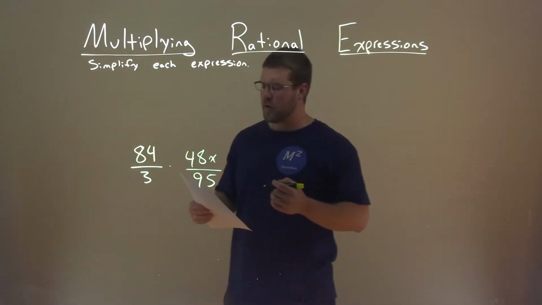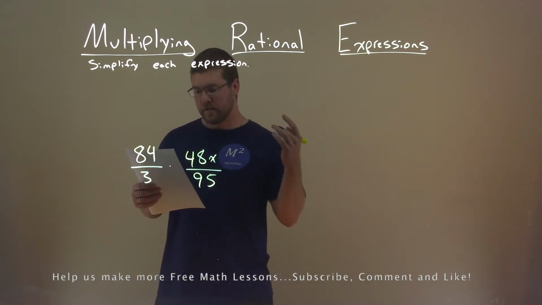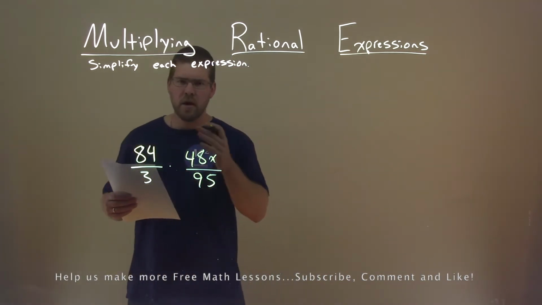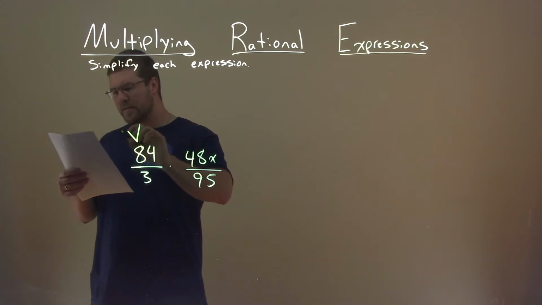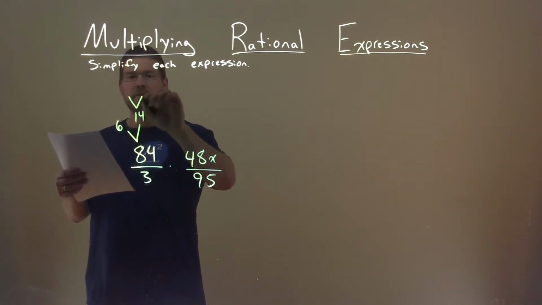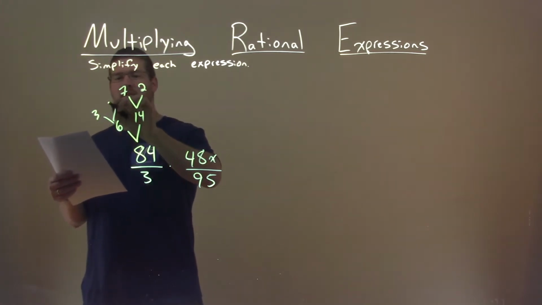We're given this problem right here, 84 divided by 3 times 48x divided by 95, and we want to simplify this expression. Well, let's break these down. 84 is 6 times 14, and 14 is 7 times 2, and 6 is 3 times 2.